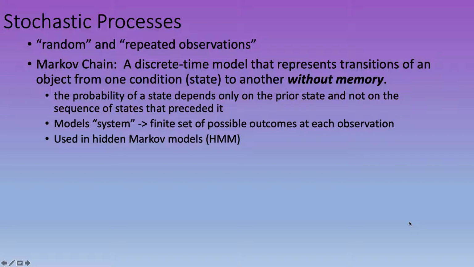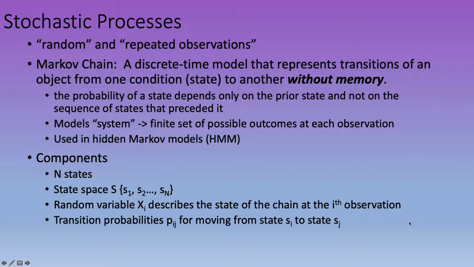So it's only going to care about one step, where you're coming from, one step behind. It's a great way to model systems that have a finite set of outcomes for each observation. And we're going to be using a specific approach that's known as a hidden Markov model, or an HMM.